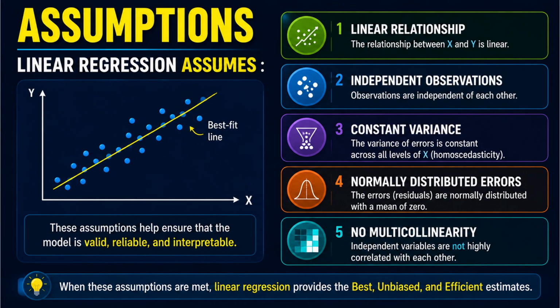And the variance of errors is constant across all levels of x. Suddenly it doesn't increase or decrease. There is a term for this which is called homoscedasticity. Normally distributed errors, the errors are normally distributed with a mean of 0 and no multicollinearity, that is, independent variables are not highly correlated with each other. Then also this does not work. So with these assumptions, linear regression gives you good outcome.